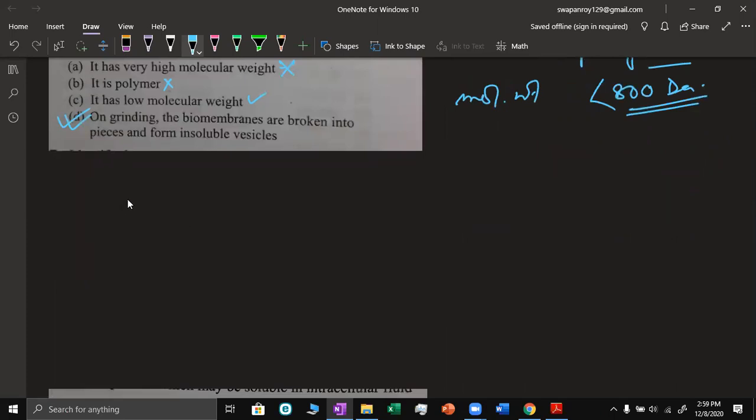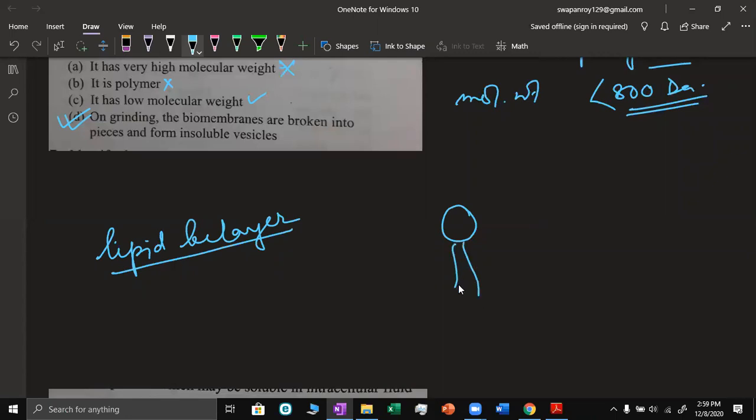Do you remember that when I explained the structure of the plasma membrane, I told you that the plasma membrane is made of lipid molecules. There is a lipid bilayer. Lipid bilayer is the plasma membrane. And lipid molecules have a polar head.